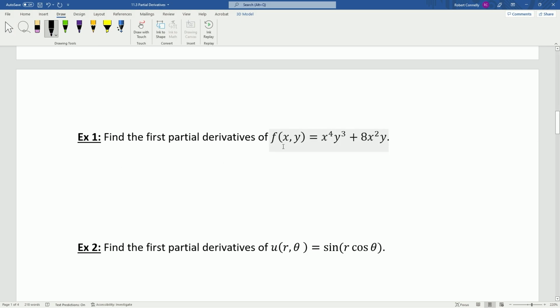Find the first partial derivatives of f(x,y) = x^4 y^3 + x^2 y. First we'll take the partial derivative of f with respect to x. All I do is treat y as a constant in this case, and treat x as my variable.